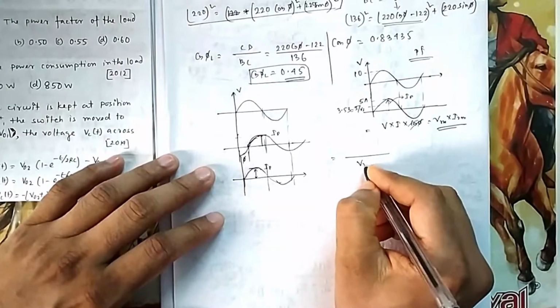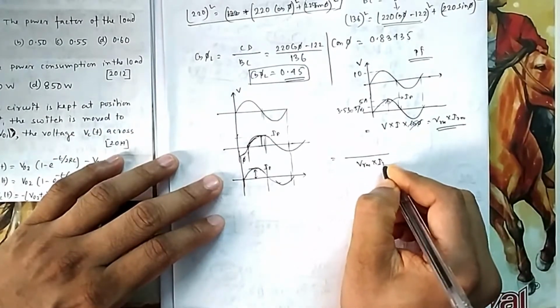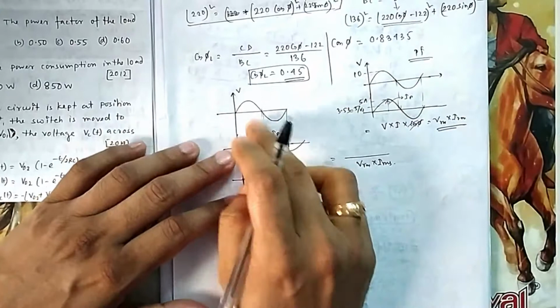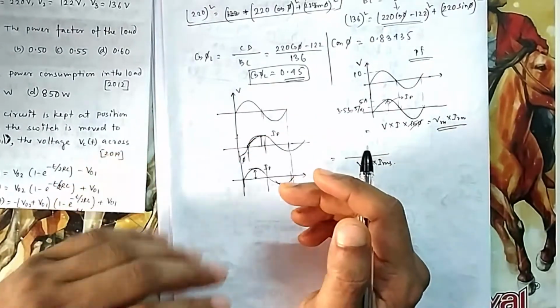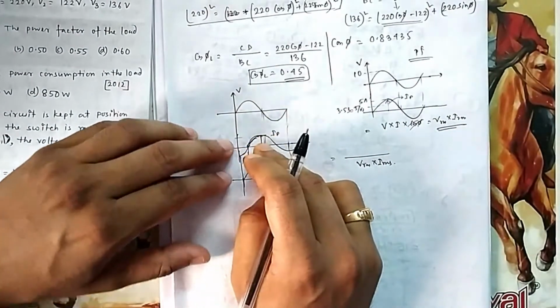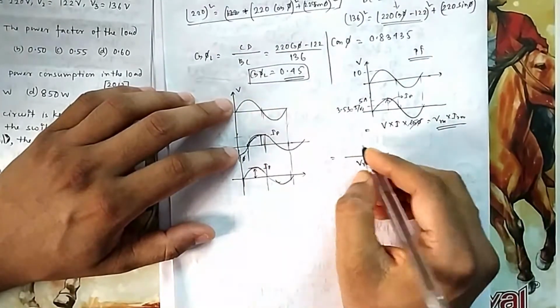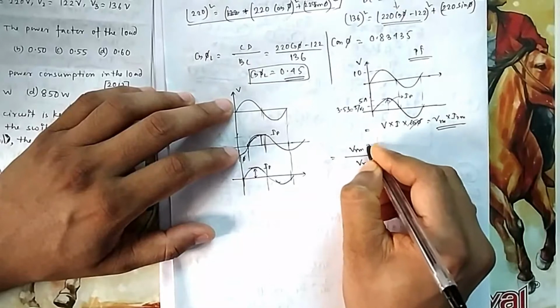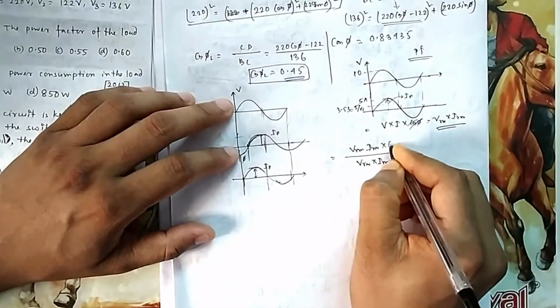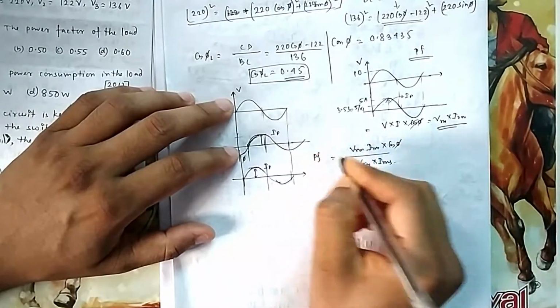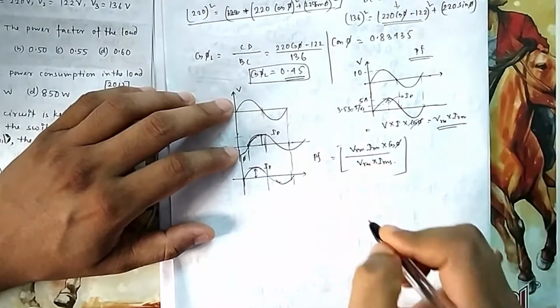I could have taken VRMS into IRMS. But here I am not taking that much current, I am not taking that much power. Because here, if you calculate power is equal to VI, then if you integrate you find average power, you will find it is VRMS into IRMS into cos phi. So that is the power factor. So you divide it, you will find cos phi.